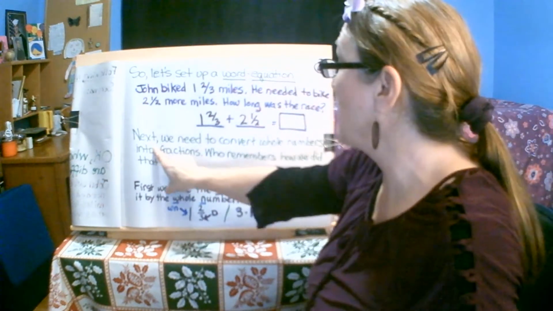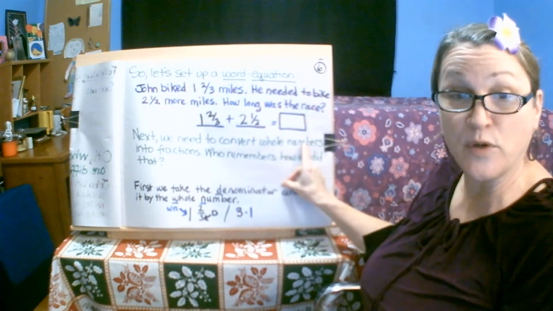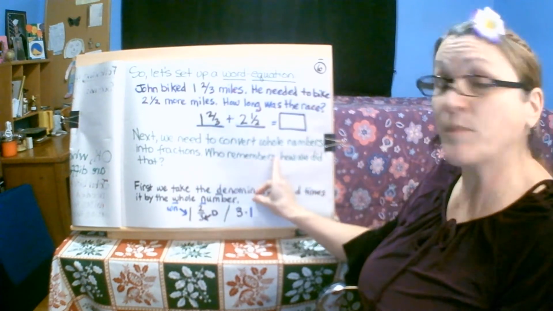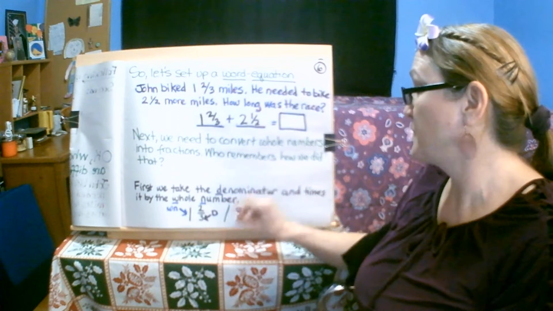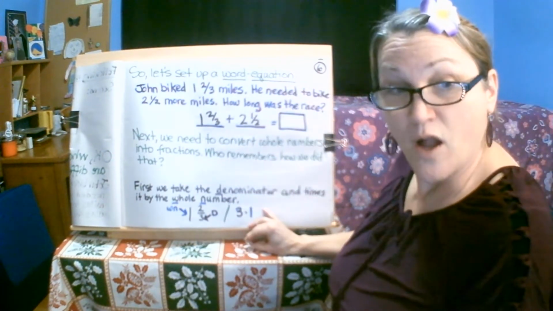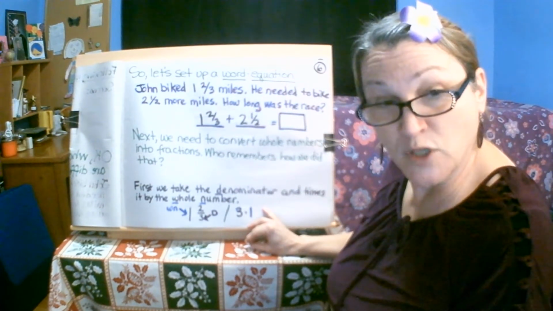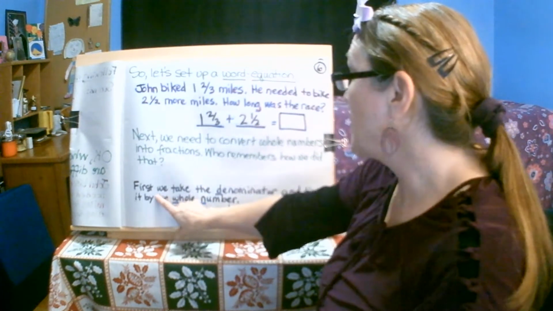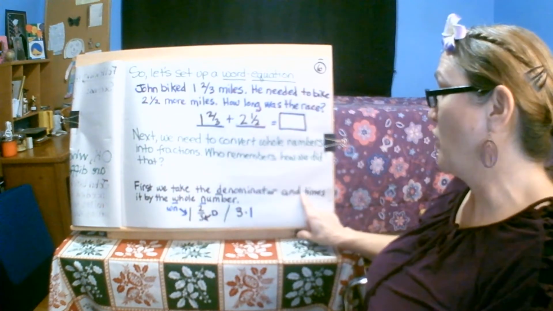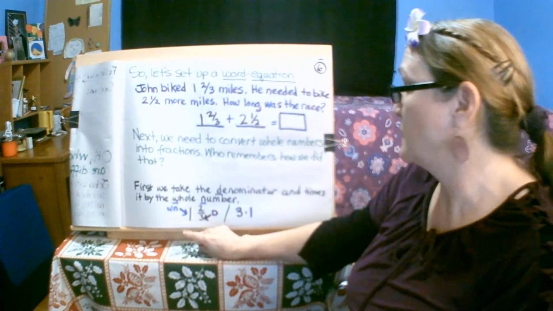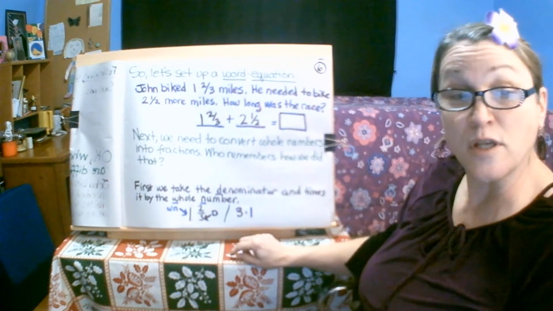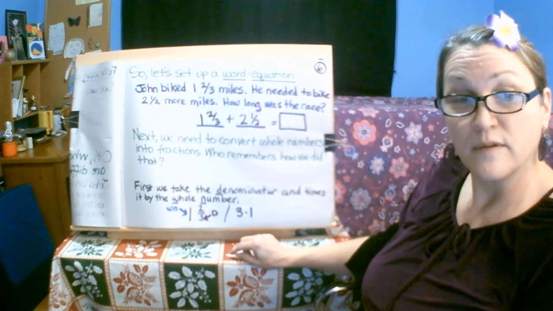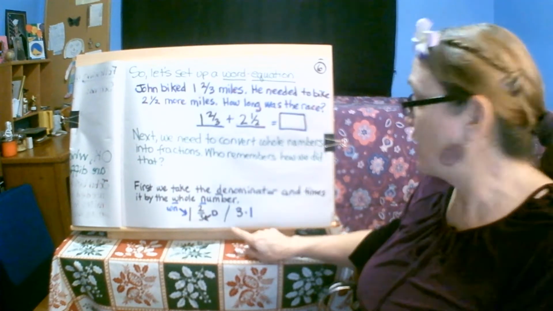Okay, so next we need to convert whole numbers into fractions. Who remembers how we converted whole numbers into fractions? Oh, very good, Donnie. Good job. Yes, first we take the denominator and times it by the whole number. Okay, so in this case, 1 2/3, where's the denominator? Good job, Erica.